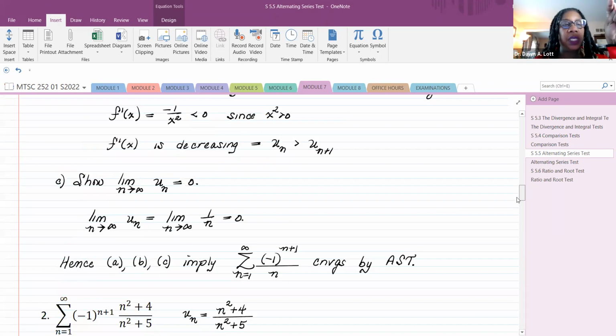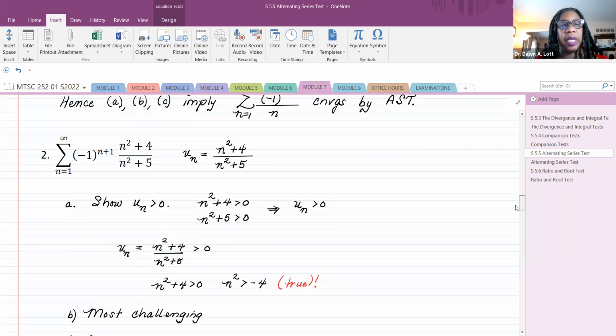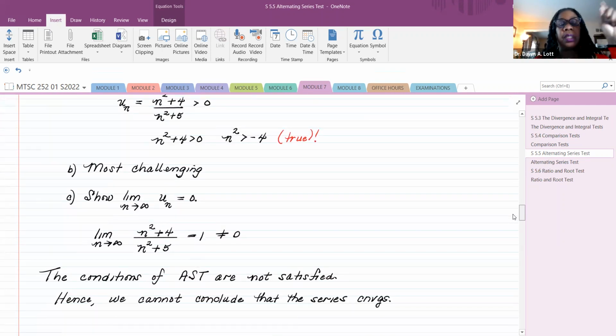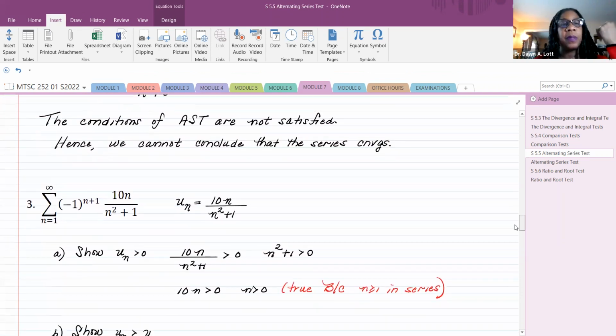And then we did another test. We were able to show that we could not conclude that this series converged because the UN went to 1. So the conditions of the alternating series test were not satisfied, so we can't conclude that the series converges.